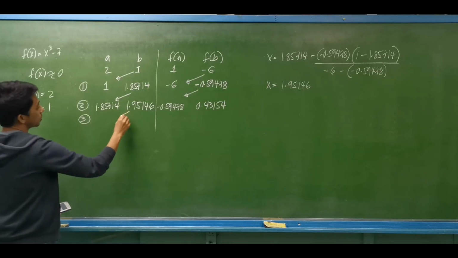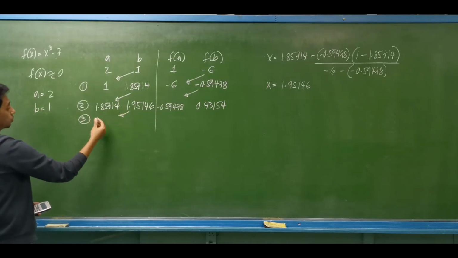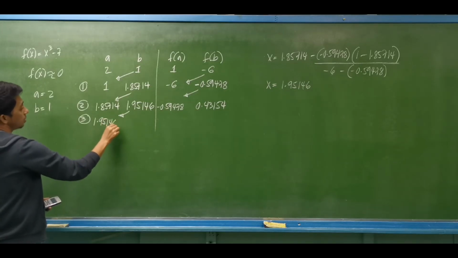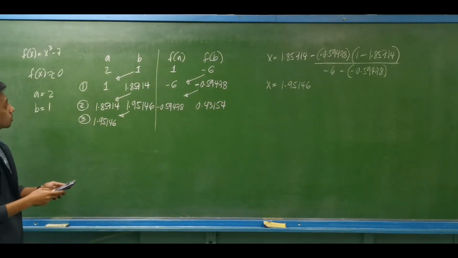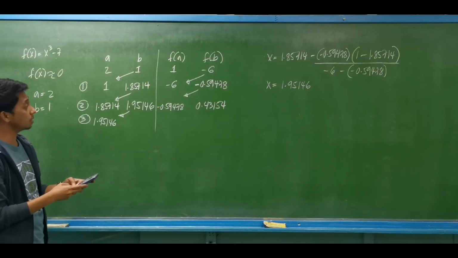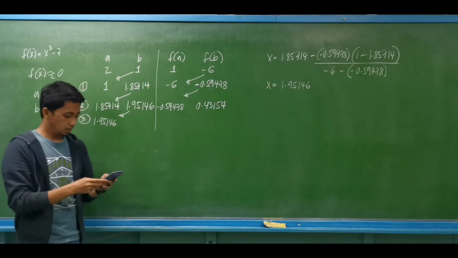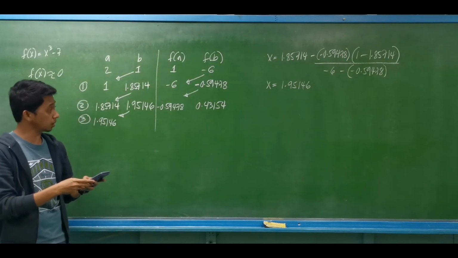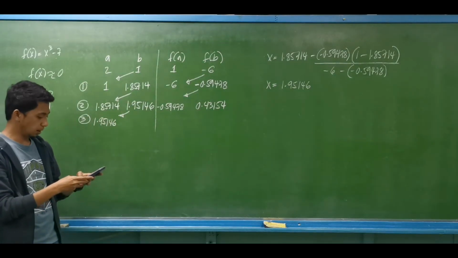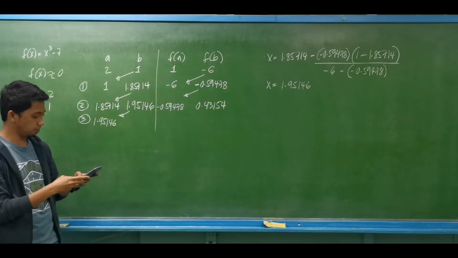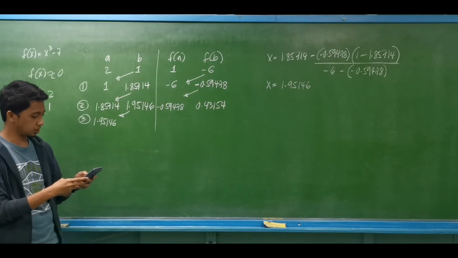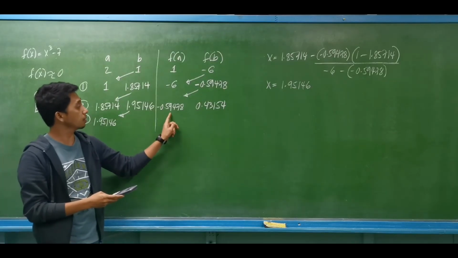For the third iteration, we just copy the value of b to the next value of a, 1.95146. So we have 1.95146 minus f of b, that is 0.43154, multiplied by a, 1.85714, minus b, 1.95146, all over f of a.